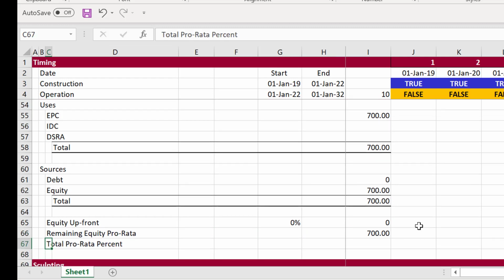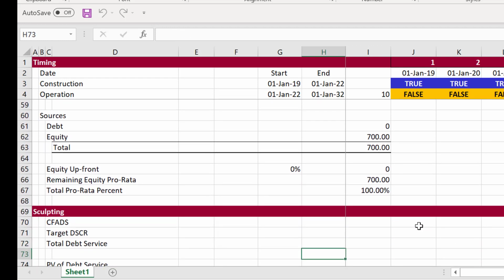And then the cash flow is going to be this number divided by the total project cost, okay, which is right now 100%. Let's show you in just a minute how we use those.